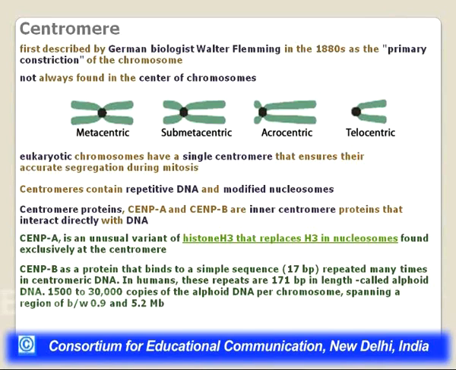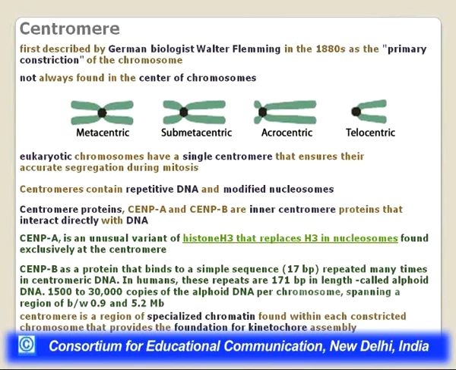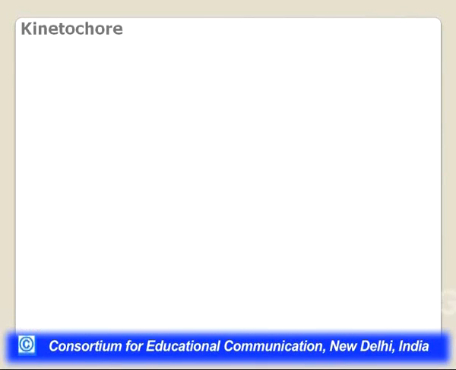In humans, these repeats are 171 base pairs in length, and it is called the alphoid DNA. 1500 to 30,000 copies of alphoid DNA per chromosome are present, and they span a region of between 0.9 to 5.2 Mb. The centromere is a region of specialized chromatin found within each constricted chromosome, called the primary constriction, and that provides the foundation of the kinetochore assembly.